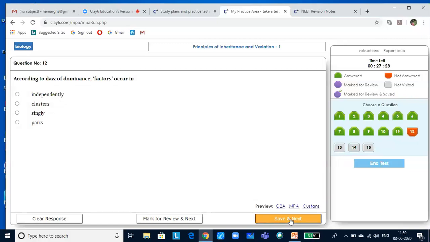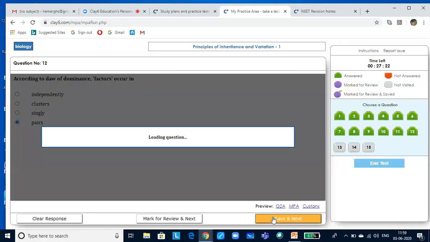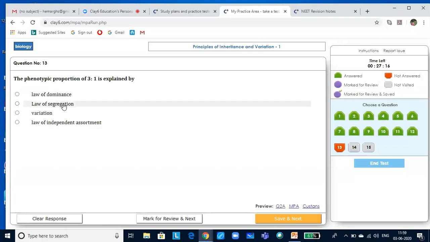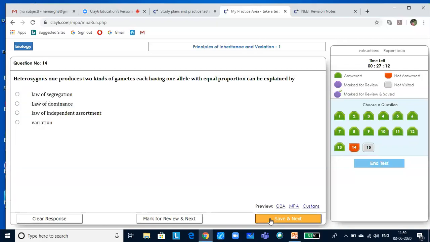According to the law of dominance, factors occur in pairs. The phenotypic proportion of 3 is to 1 is explained by the law of segregation. Heterozygous ones produce two kinds of gametes, each having one allele in equal proportions, can be explained by, just a minute.